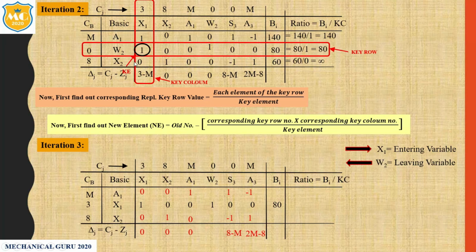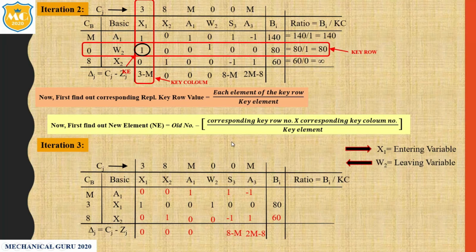Next again here we get the 0, so this row is as it is. Okay, now can you imagine, in next iteration we have to find out only 3 value.